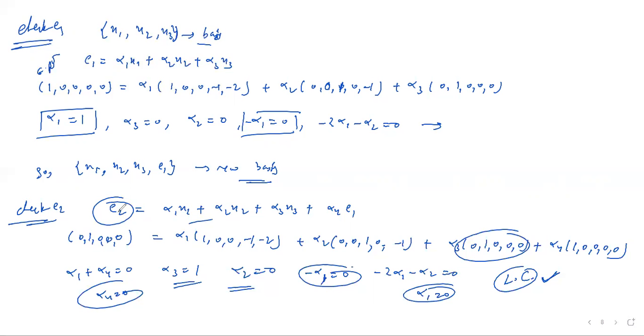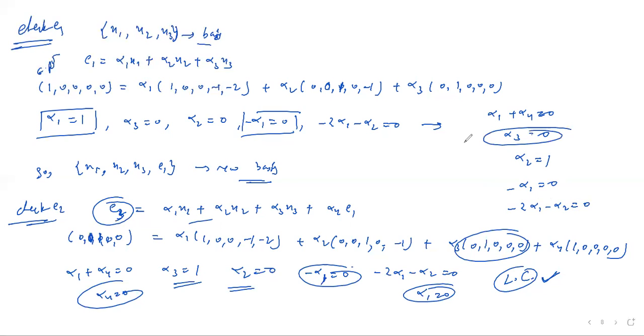Now we'll check for the e3 vector. Let's just do it here. So e3 can be written as a linear combination. What will be the corresponding equations for the e3 vector? It will give us alpha 1 plus alpha 4 equals 0, alpha 3 equals 0, alpha 2 equals 1, and minus alpha 1 equals 0, minus 2 alpha 1 minus alpha 2 equals 0.